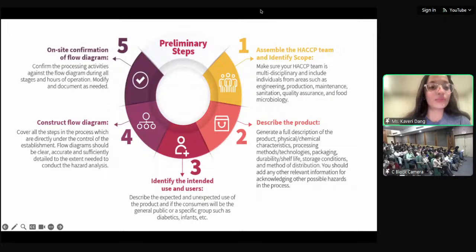The next step would be construct a flow diagram. Now, in this flow diagram, we need to be covering all the steps in the processes which are directly under the control of the establishment.